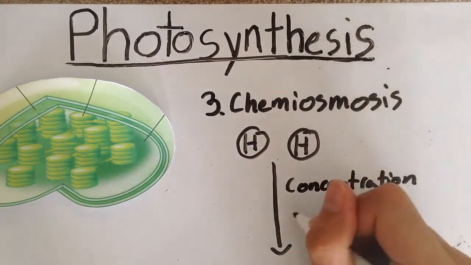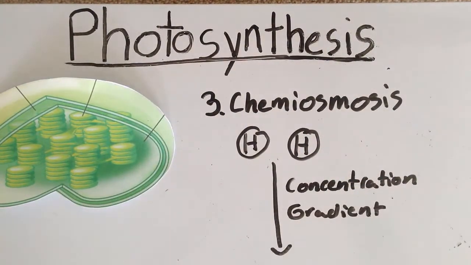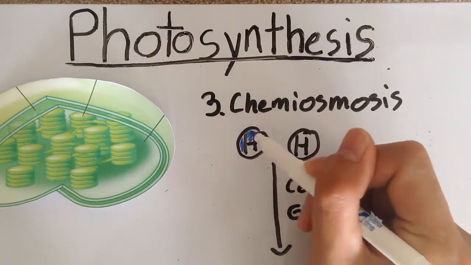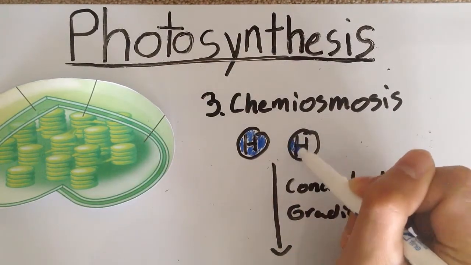This is done by protons being pumped across the membrane down the concentration gradient, which then creates ATP.